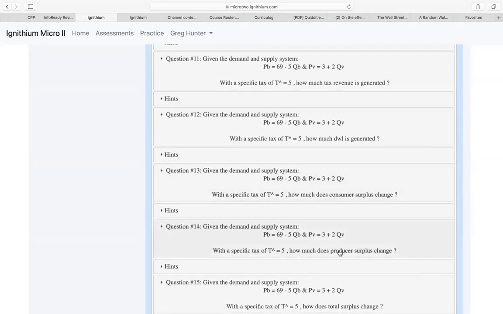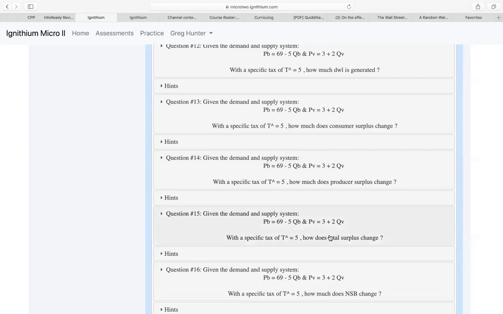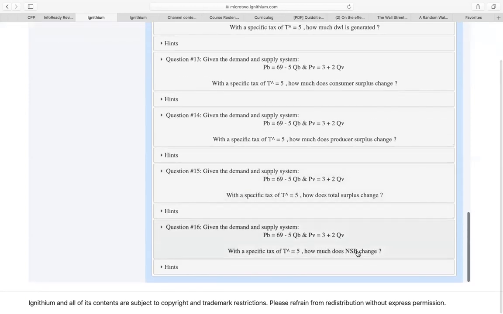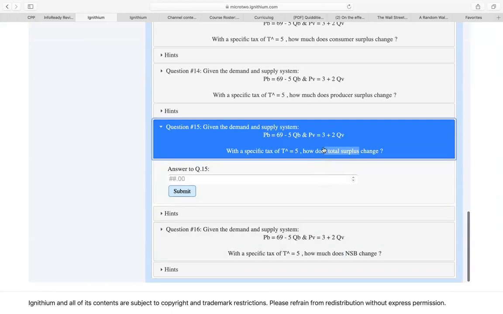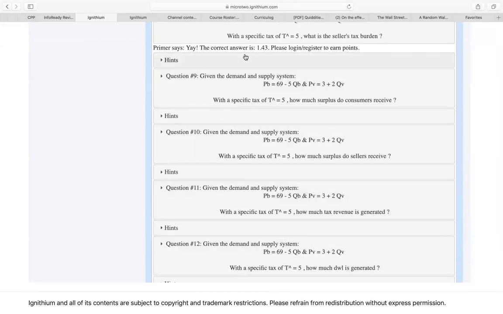This one's a little bit more tricky because it's asking you to calculate the change, so you have to do that carefully. And the change in total surplus. You may remember I told you before that net social benefit is just another name for total surplus. So you'll notice that these questions are near twins of one another. I'll leave you with those thoughts, and I'll stop sharing this.